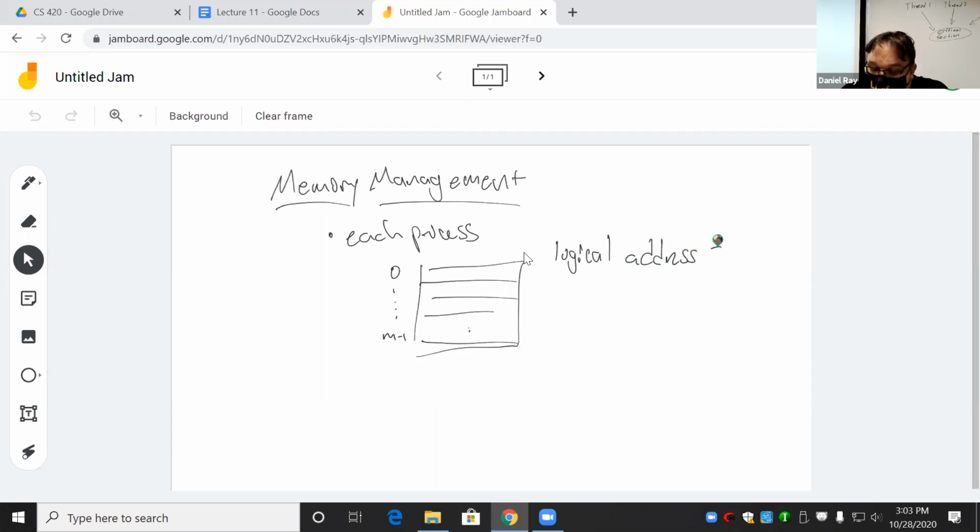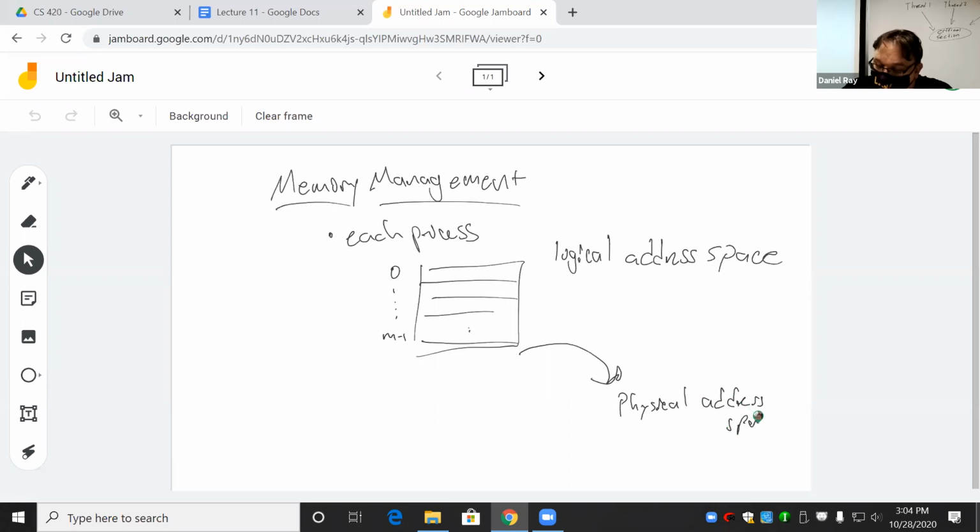Okay. Now, the logical address space is not accessible for the processor to do any processing with until it gets loaded into actual RAM, which is the physical address space.